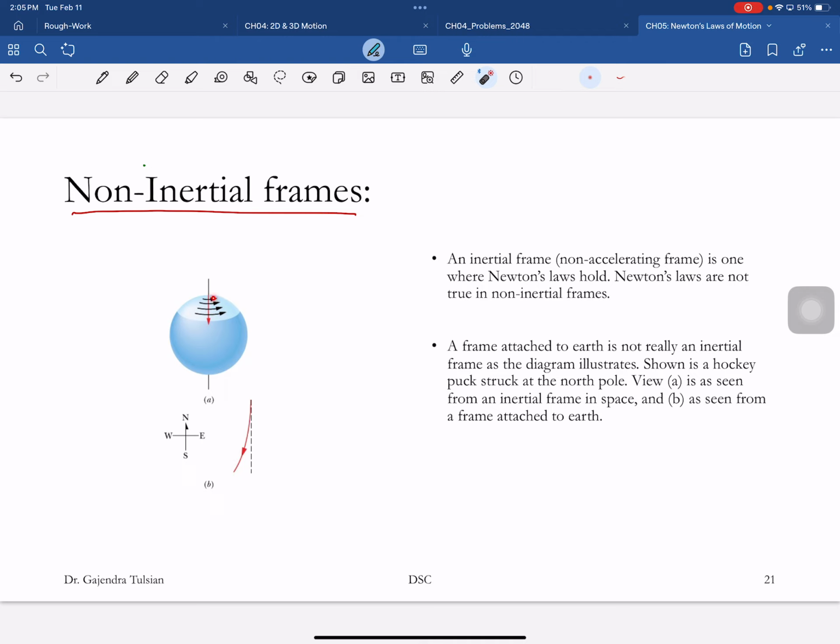What you see is the puck traveling straight. Geostationary is the same as fixed. So if you're hovering over the Earth, you see the puck traveling straight.